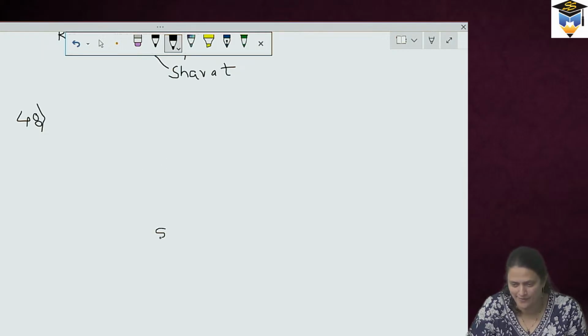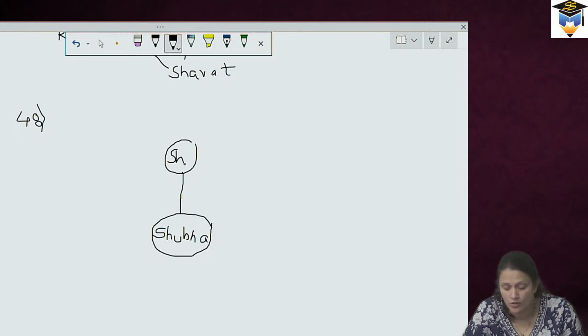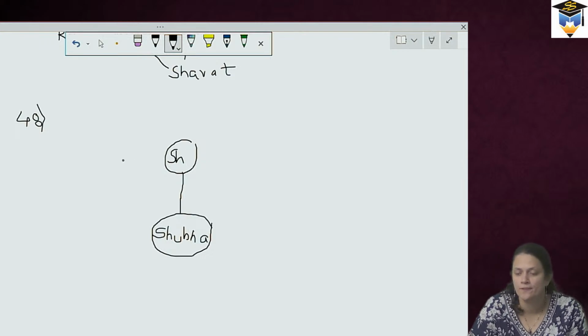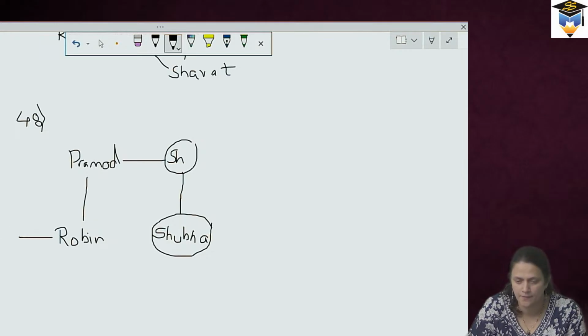So let us start with Shubha. Who is the granddaughter of? She is the granddaughter to Sheila. SH. Okay. Who is a sister to Pramod? So Pramod and Sheila are siblings. Pramod is father to Robin. Robin and Rahul are siblings, basically.